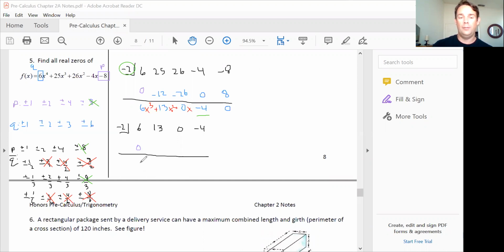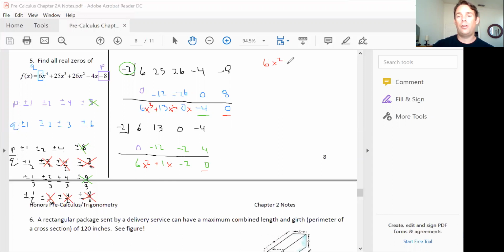It may work again. 6, -12, 1, -2, -2, 4, and in this case, notice, -2 worked again. That's okay. This means I have a multiplicity. And again, I have another remainder that's 0. Therefore, it is a factor.